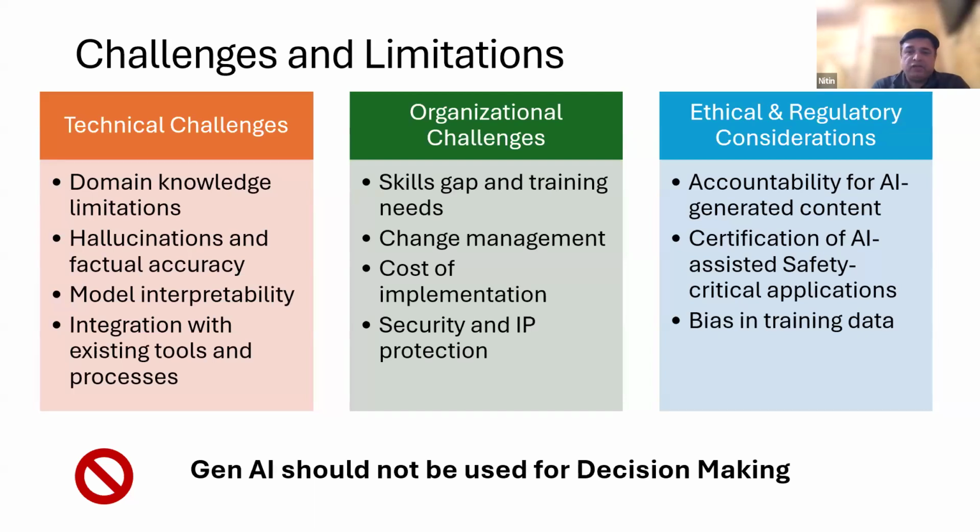Then certification of AI assisted systems, especially for specific industries like safety critical applications, is tough because regulatory environments have still not evolved or produced guidance for using AI related systems in safety critical products. And if that guidance is not available, then when you go to regulatory agencies or compliance representatives, they are more likely to trust traditional computing over AI computing, purely because the guidance is not available at this time.